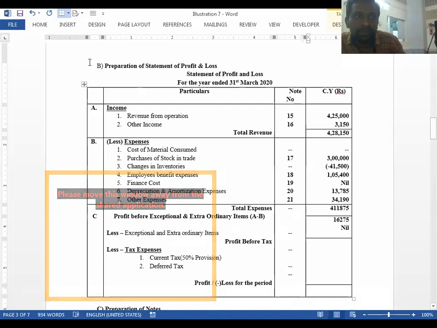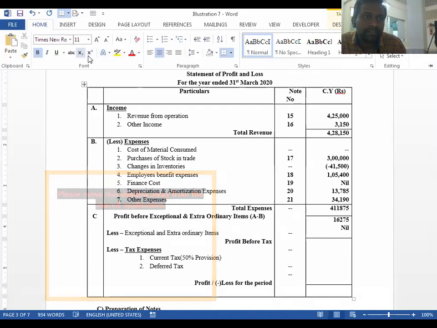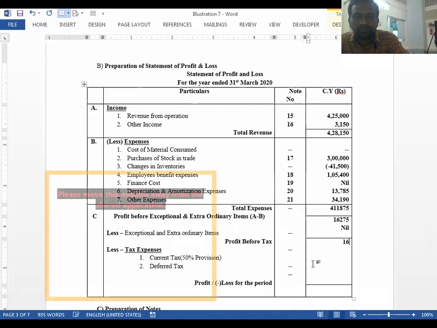So this is the profit before tax, 16,275.